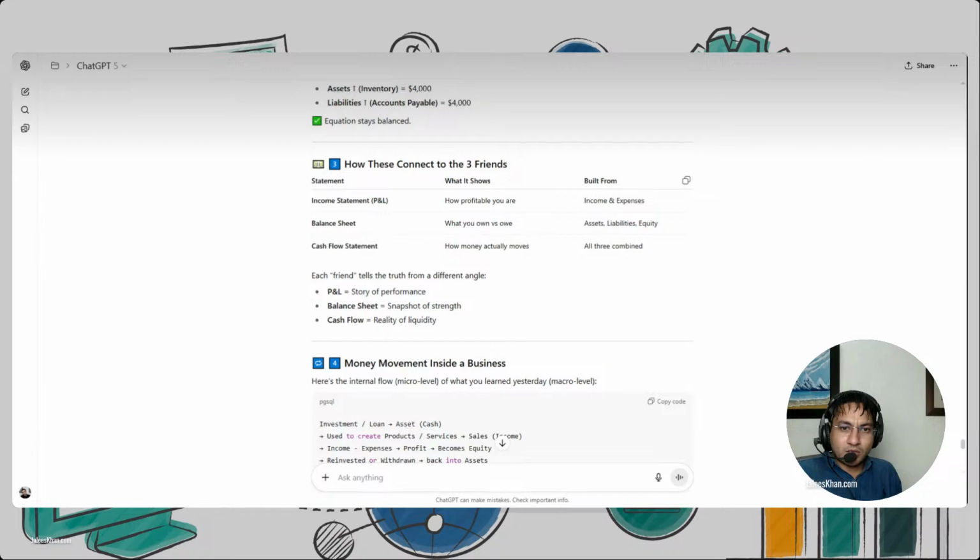Assets are what we own. Liabilities are what we don't own, but we say that we will pay for it.